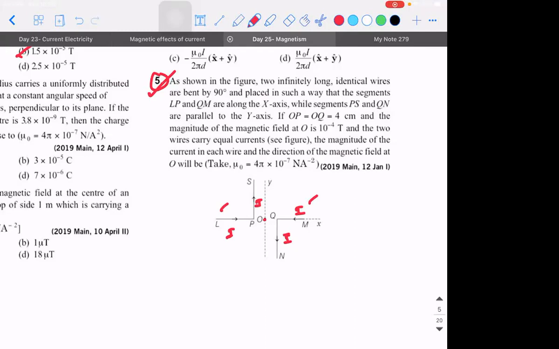Correct. So if I extend LP and QM, it is going to pass through the point O. So if the current carrying conductor is going to pass through the point where the field is to be calculated, the contribution of it for the magnetic field is 0. So these two are like dummy wires. They have no use. Now what about PS and QN?